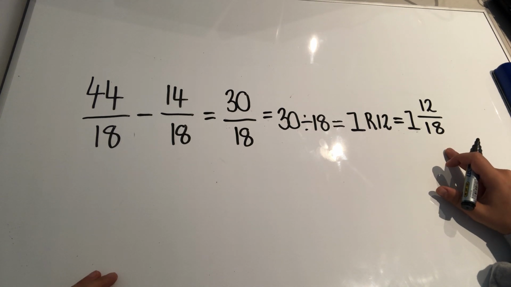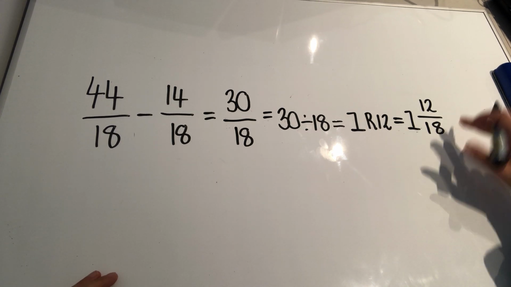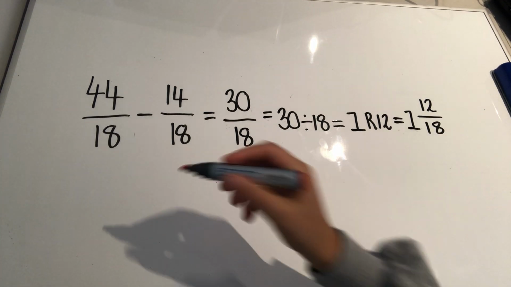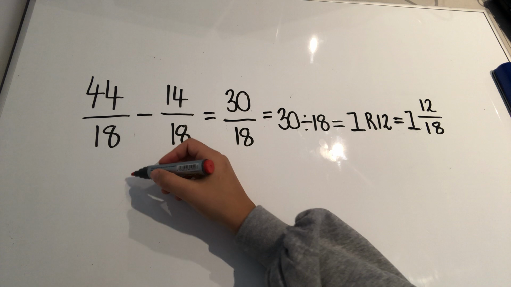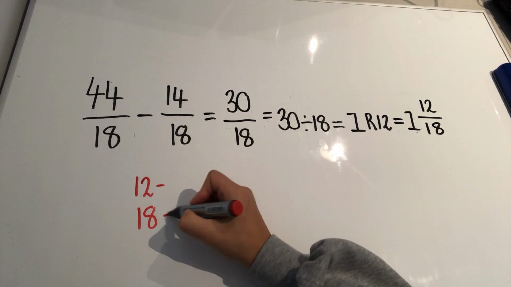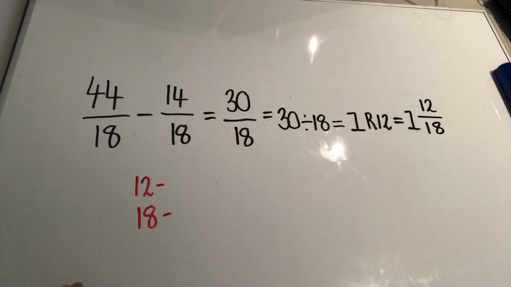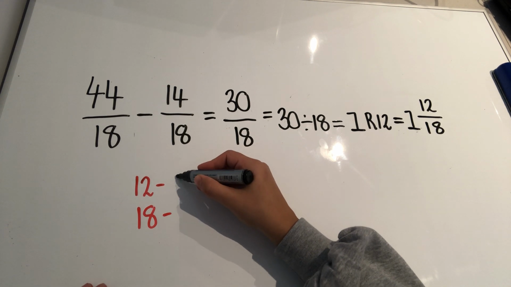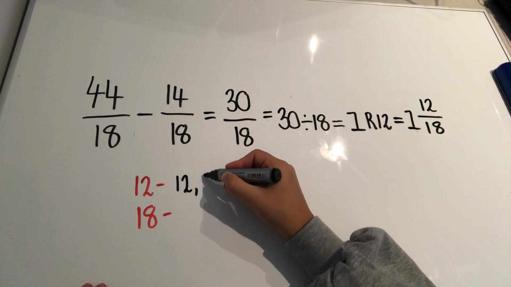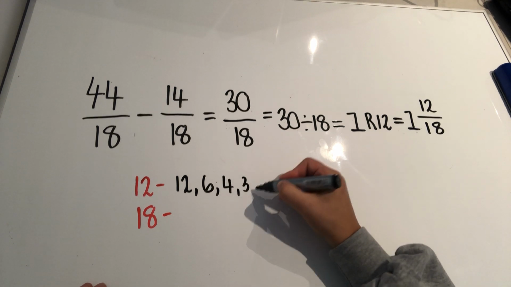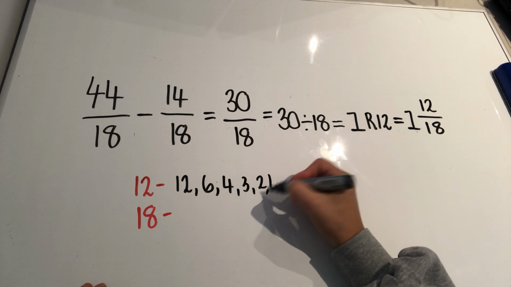So are there any factors that go into both 12 and 18? This is where I'm going to write my little list. You don't have to do this in your working out, but it will help you visualize and make sure that you have simplified it if you can. So the factors for 12 are 12, 6, 4, 3, 2, and 1.